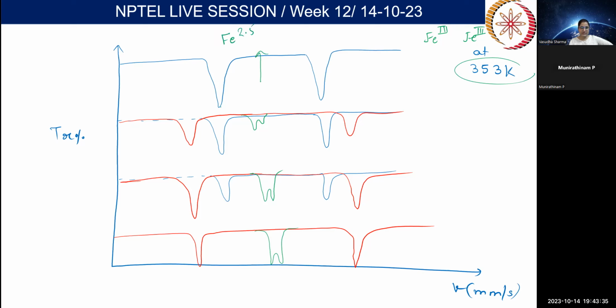As you can see, its delta value is in between the two values. If this is more negative, it could be iron 3 plus, this could be iron 2 plus, and the middle one is iron 2.5. As soon as we decrease the temperature to 5 Kelvin, we observe only iron 3 low spin, and this is iron 2 low spin.